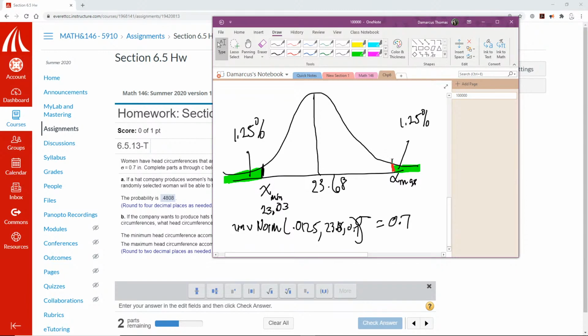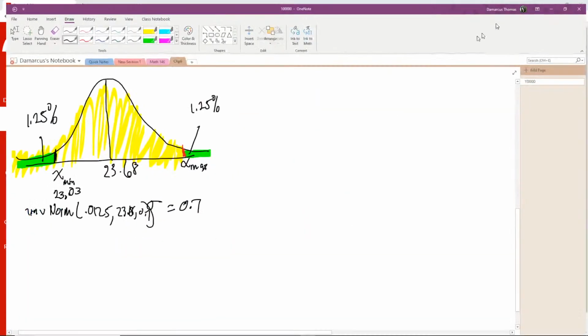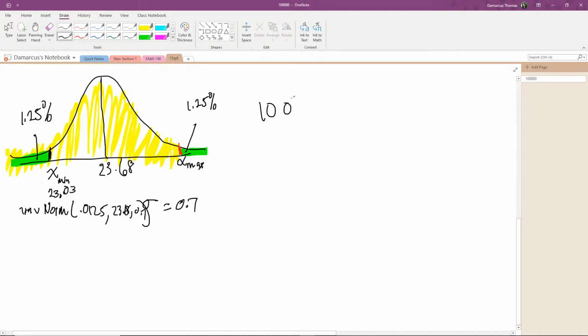But the problem gives us the area to the right. So what would be the area to the left? If the area to the right is 1.25, what is the area of the remaining piece? So one way to figure that out is to actually just do 100% minus the 1.25%. And that puts us at 98.75%.